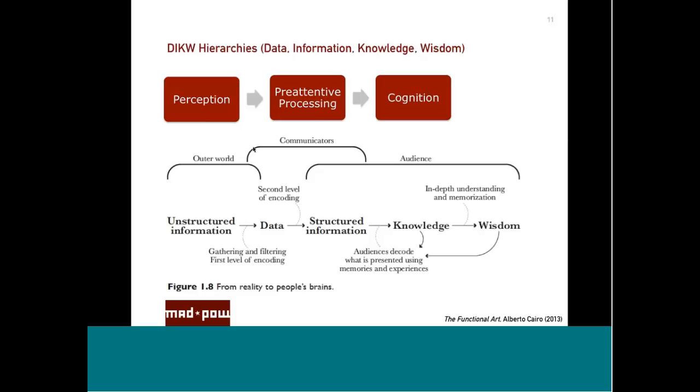And as a communicator, your job is to extract from that the information or the data that you need for something, code it into structured information, that's what's going on in the center here, the communicator, and then pass that in a structured fashion to the audience who can turn that into knowledge, and depending on the quality of the information, perhaps turn it into wisdom by decoding it based on their memories and their experiences. All of this more or less correlates with the perception, preattentive processing, cognition 3 steps.